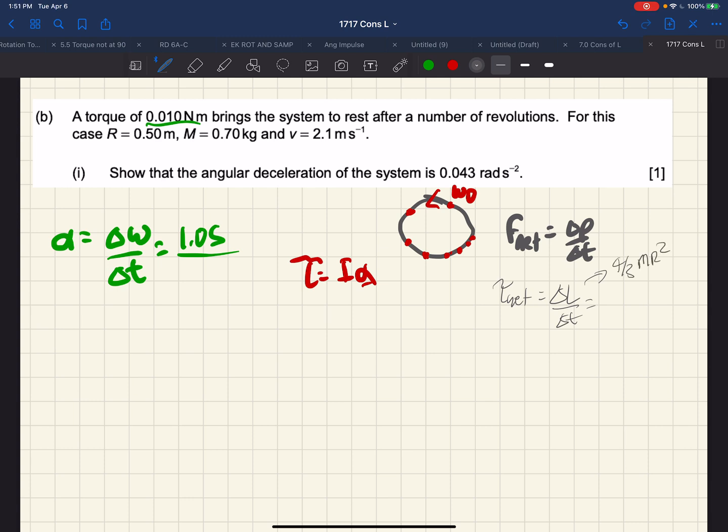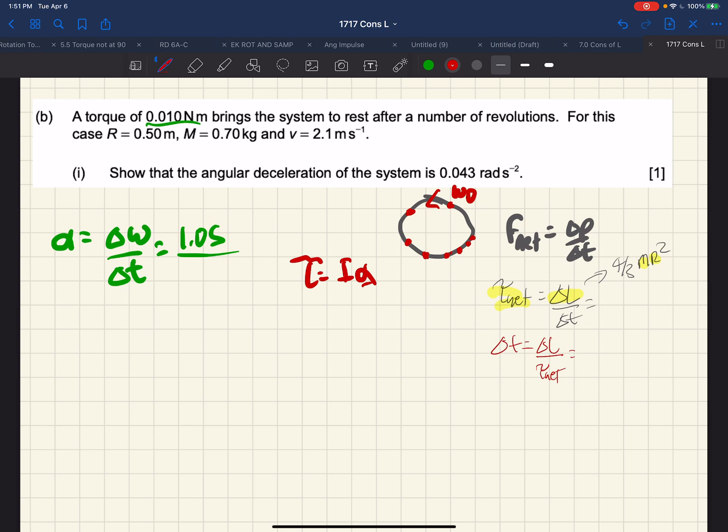Well, we know the torque. We're given the torque. We're looking for the change in time, and we know M and R, so we can find delta L. That means we can rearrange this equation. Delta T is delta L over the net torque.